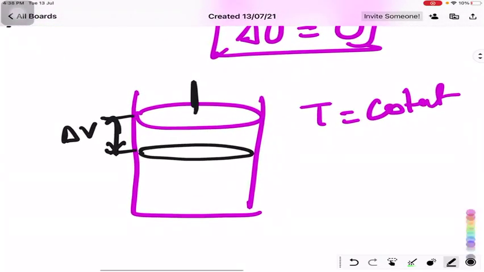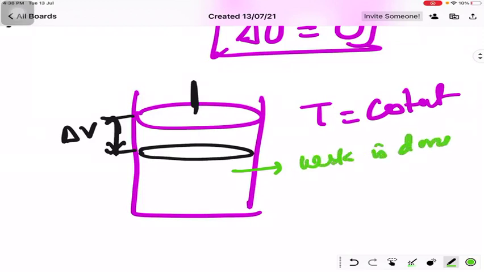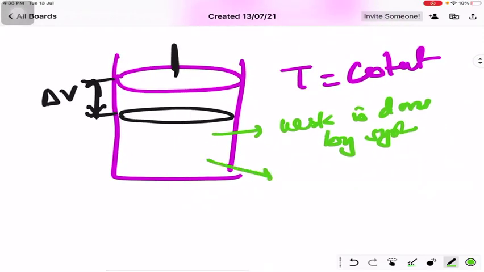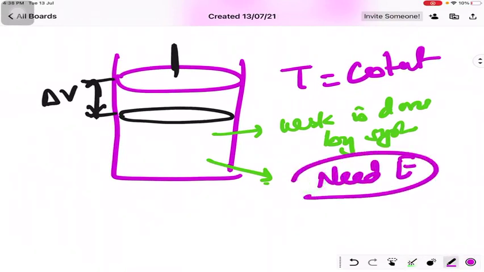But what is happening? Because the system is doing work, work is done by the system. So it is accompanied by a decrease in energy, because we need some energy to do the work. So we are consuming the energy. So when the gas expands, temperature of the system will decrease.